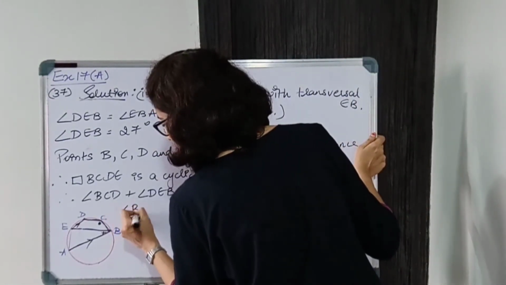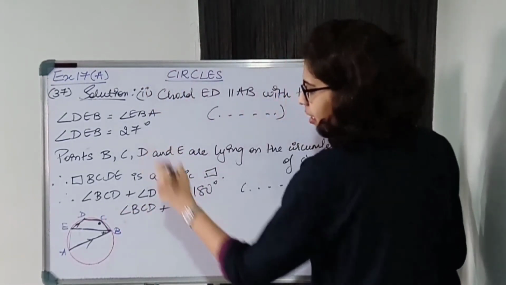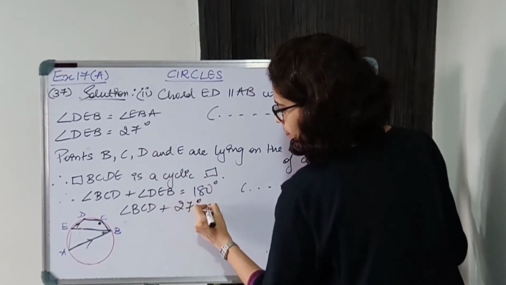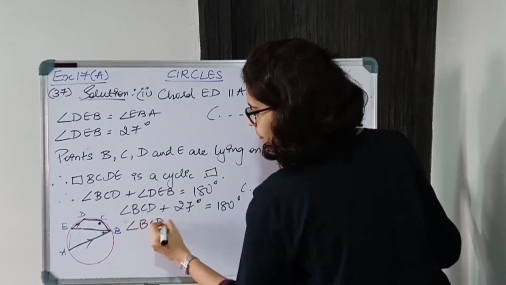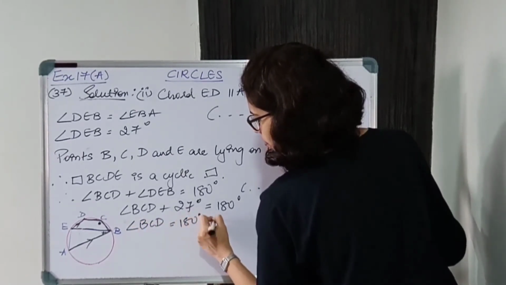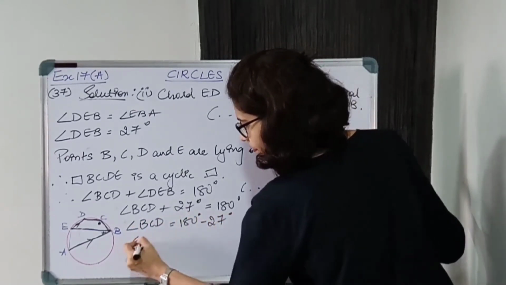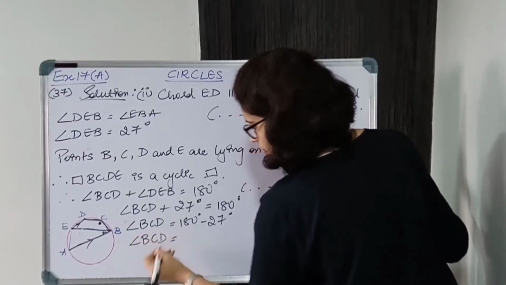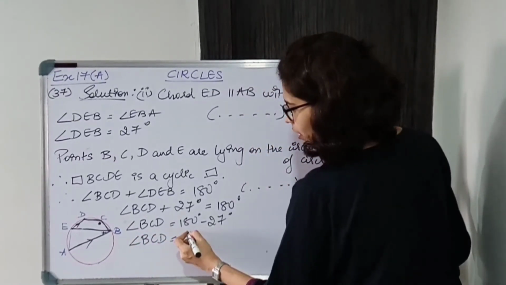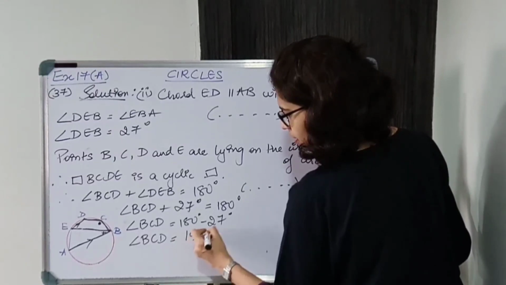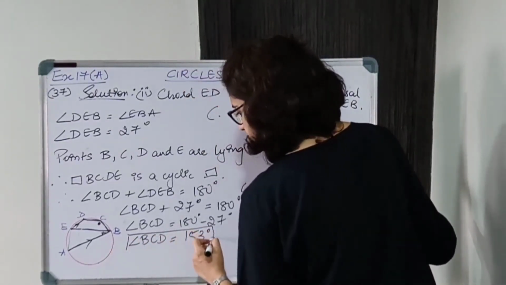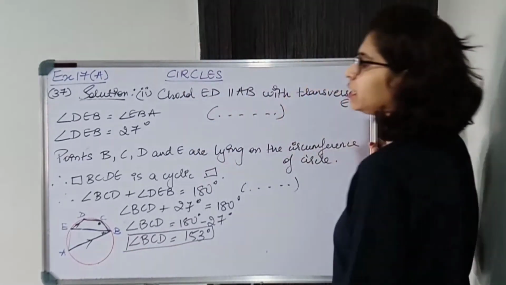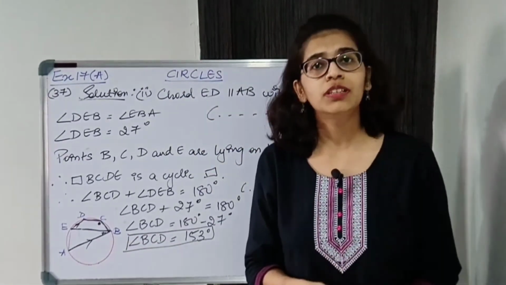So angle BCD plus angle DEB, which is 27 degrees, is equal to 180 degrees. So angle BCD is equal to 180 minus 27. Okay, so this will give 153. Okay, so angle BCD is equal to 153 degrees. So we found both the angles.